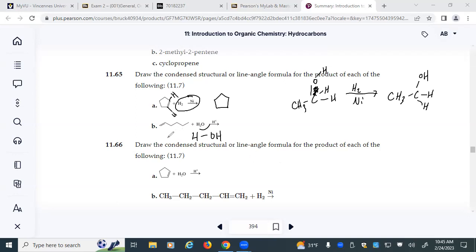The question becomes, what way do we end up drawing it? So this is a 1, 2, 3, 4, 5, 6 carbon chain. Do I draw it with the OH coming off of this first carbon, or do I draw it with the OH coming off of the second carbon?